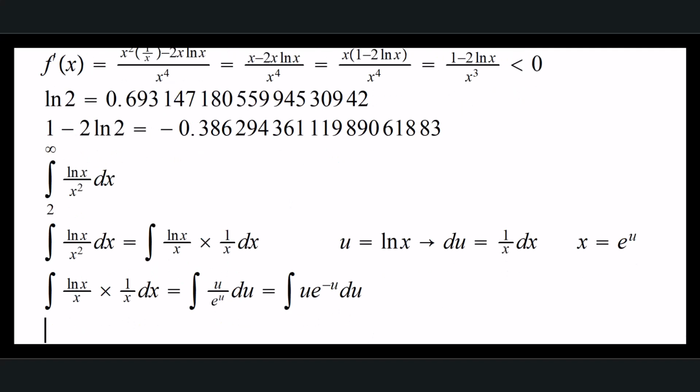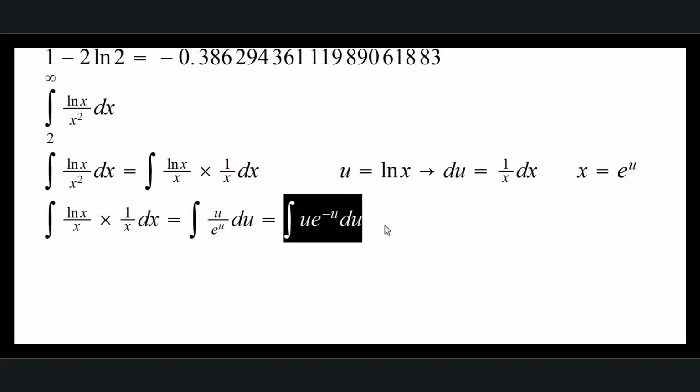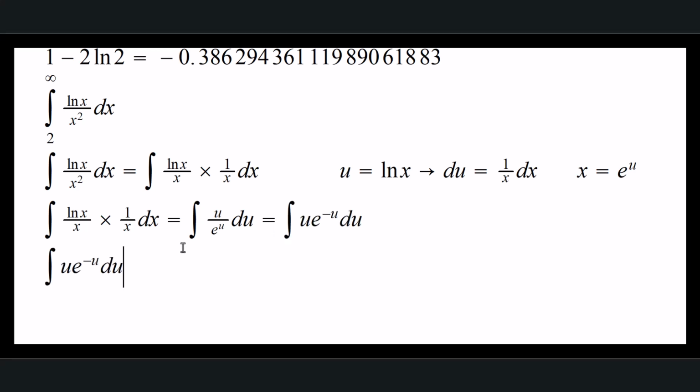and then if we look at this, what we have is that we will use the integration by parts here. That is, let's just bring this in. So we will do this.